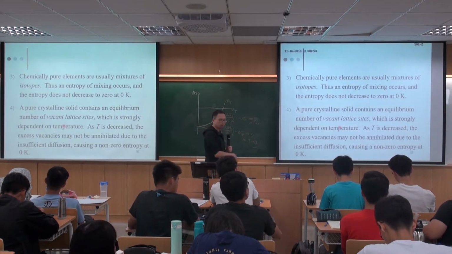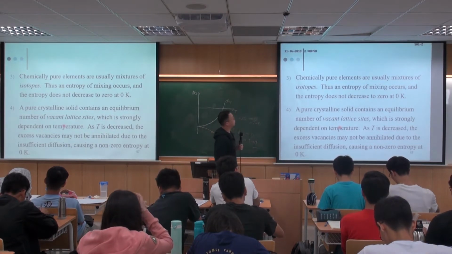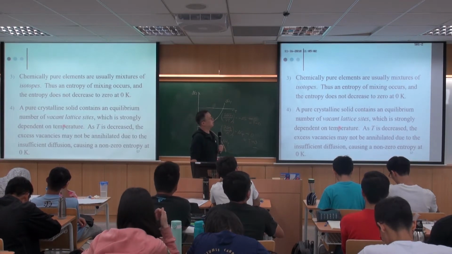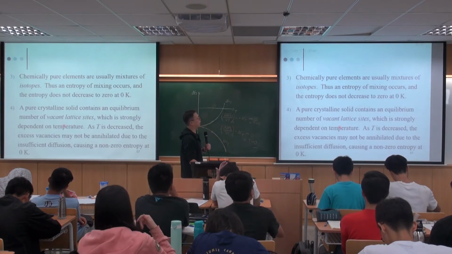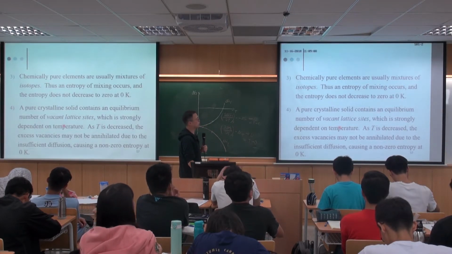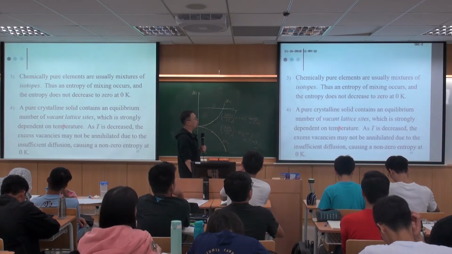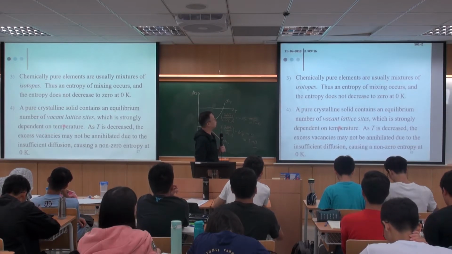And the last two examples are more straightforward. For instance, isotopes. Typically, if you look at a bunch of elements, there's a certain ratio of isotopes in it, right? Depending on the species of elements that you're talking about. But typically, you'll have isotopes. So as long as you have isotopes, it means that they have differences among them.